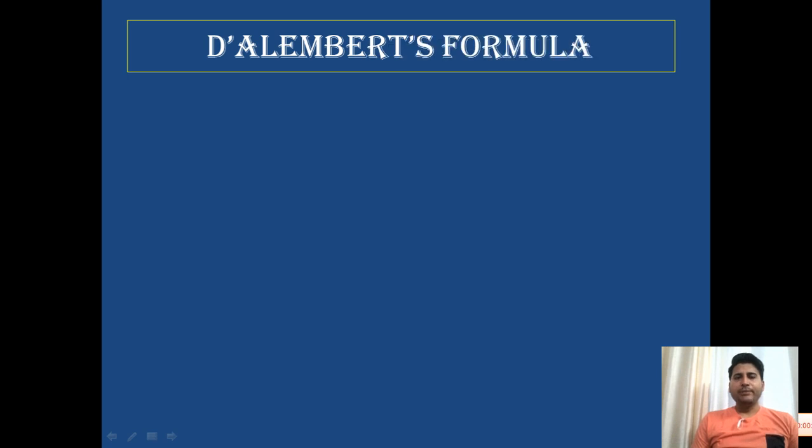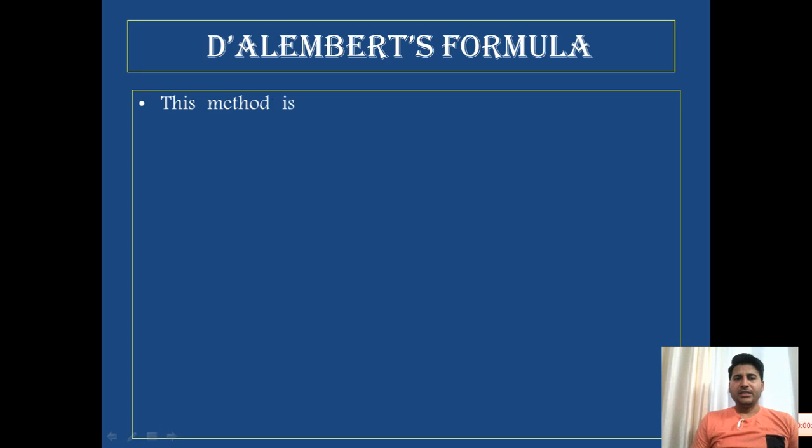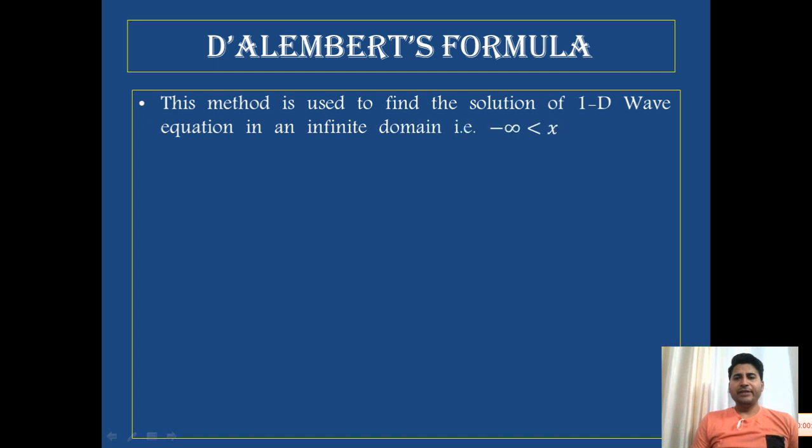D'Alembert's formula. Basically, there is a specific condition under which it is used to find the solution of a one-dimensional wave equation. This formula is used to find the solution in an infinite domain. This is very important here. What is the meaning of infinite domain?